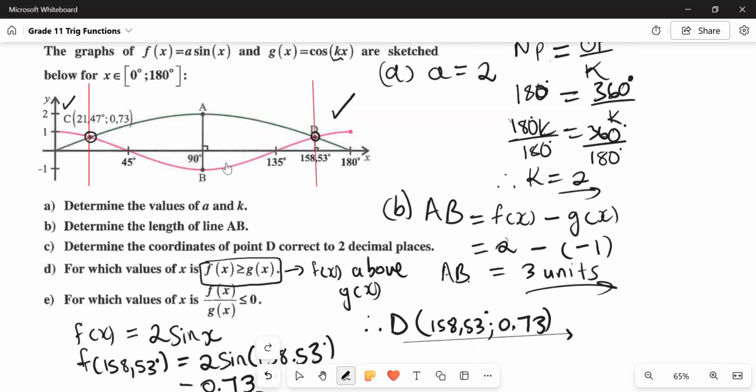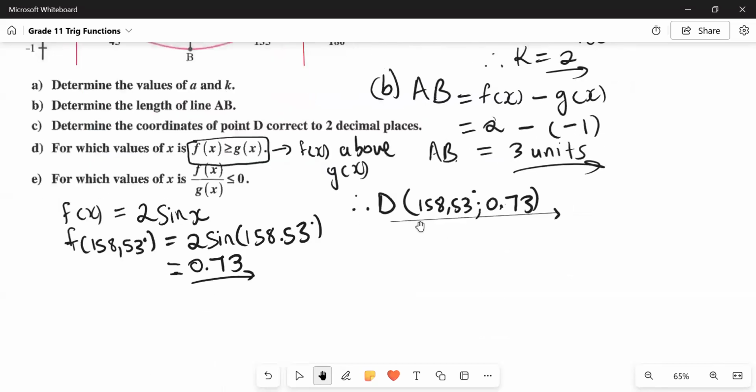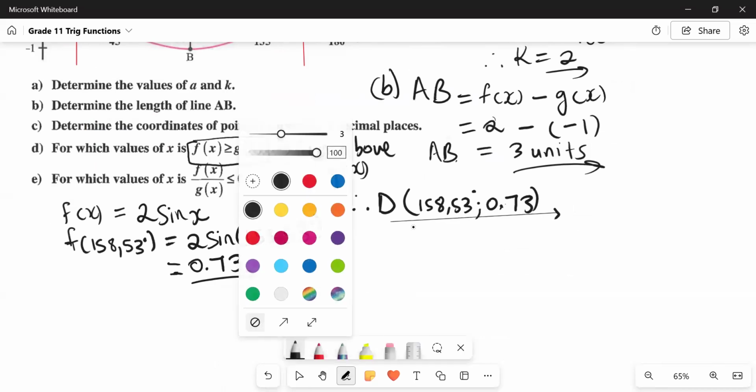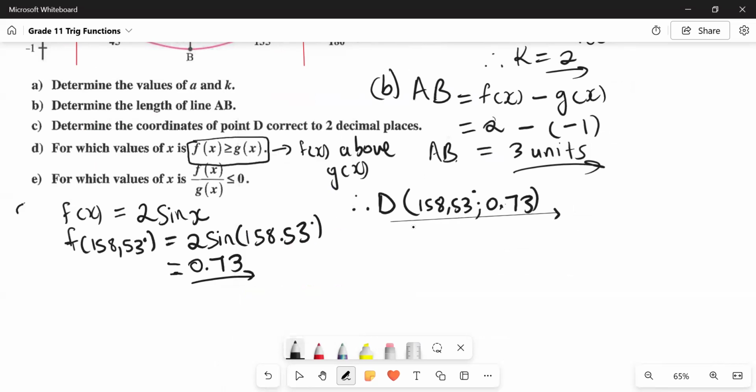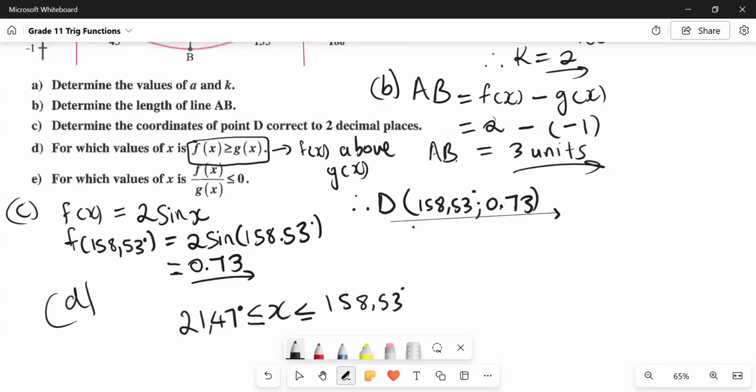So how do we express that in a mathematical form? How do we do that? So for D, this was C. So for D, we can say x is between 158,53 degrees and 21,47 degrees.